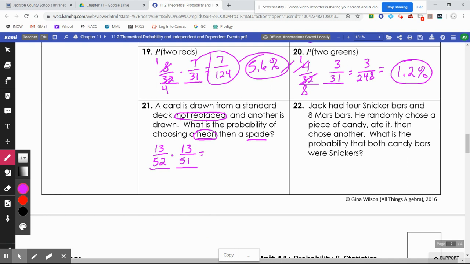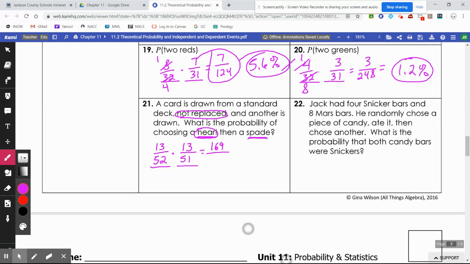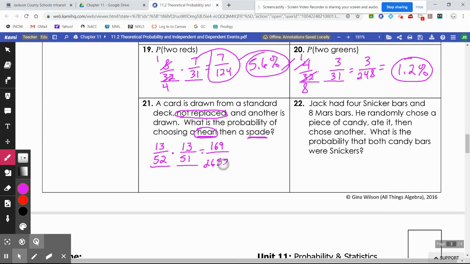And you can multiply those together. We're going to get rather large numbers here. 13 times 13 is 169 out of 52 times 51 is 2,652. Now let me show you another perk of writing this thing as a percentage. I really don't want to try to even reduce that. You can try to cross cancel here, and that would be a 1 and 4.